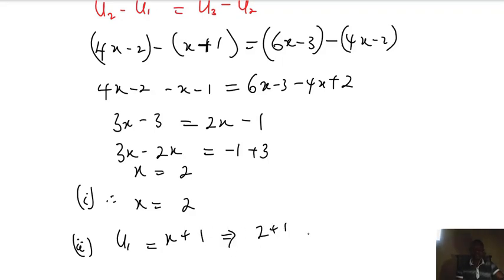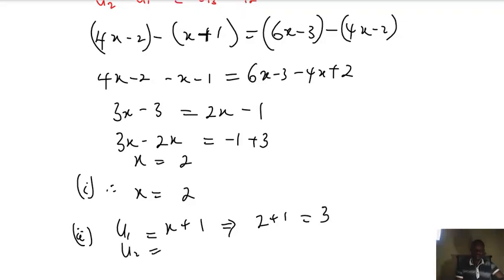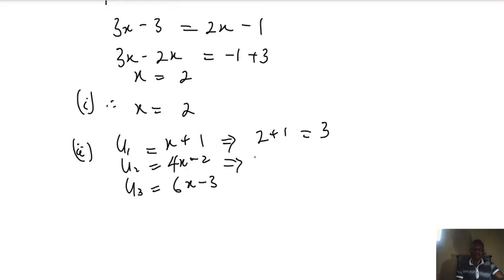So we have 2 + 1 giving us 3, and U2 is 4x - 2, and U3 is 6x - 3. This implies that U2 is 4 times 2 minus 2.